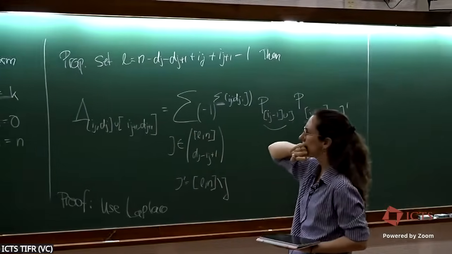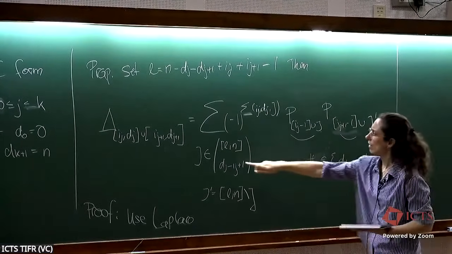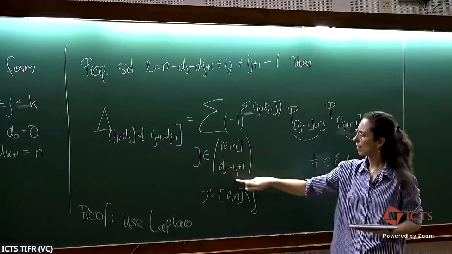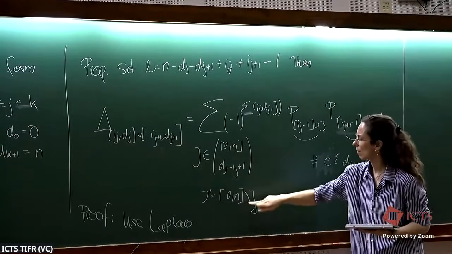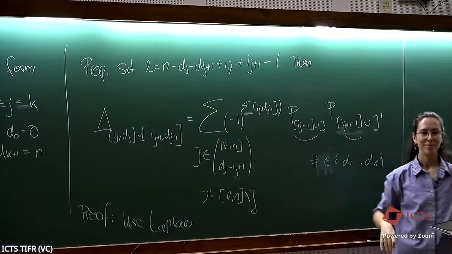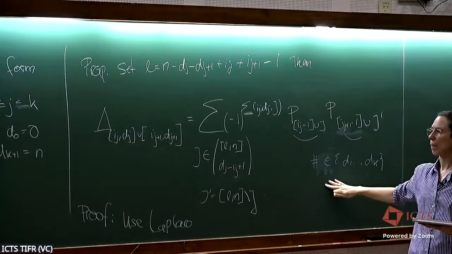Can we say what the cardinality is? Well, we could count. J has this cardinality, and then we take this interval. Okay, it's possible.